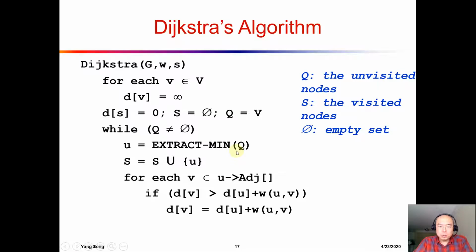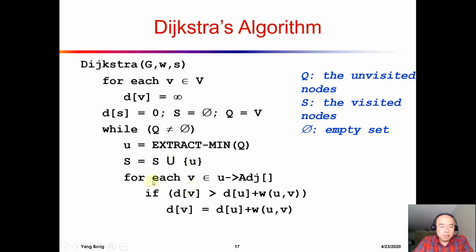I'm extracting the minimum from the Q, and the minimum will be u. After u has been taken out from the Q, I put it into S.